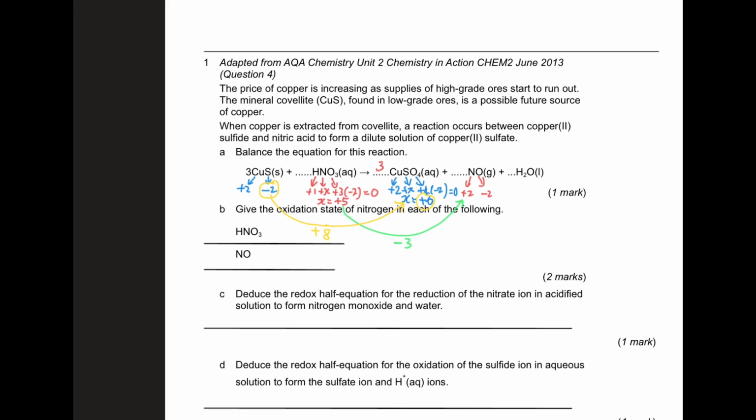Okay, now we need to balance these two. What we can do is change them to the common multiple, which is 24. So 24 is the common multiple.